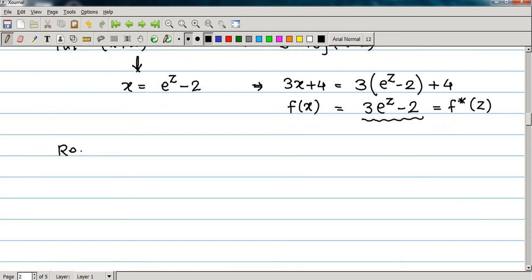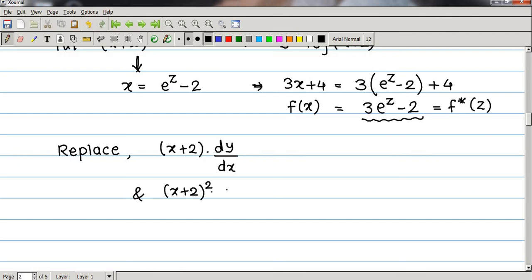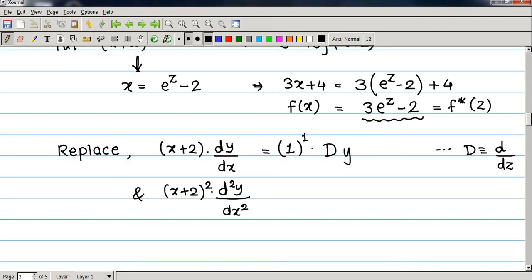After the substitution, we can replace the variable coefficient terms x plus 2 into dy by dx and x plus 2 bracket square into d2y by dx square. Since this factor appeared only once, the coefficient of x is 1, so 1 raised to 1 into the derivative of order 1, so we use the operator D operated on y, where D represents the derivative with respect to z.